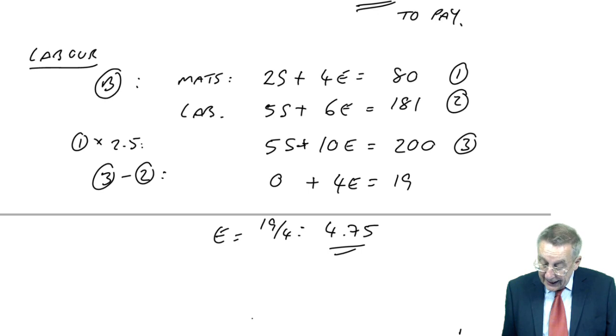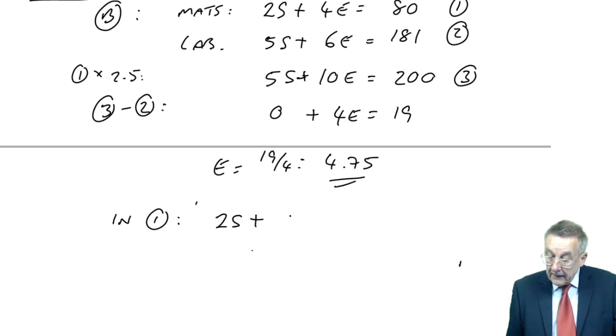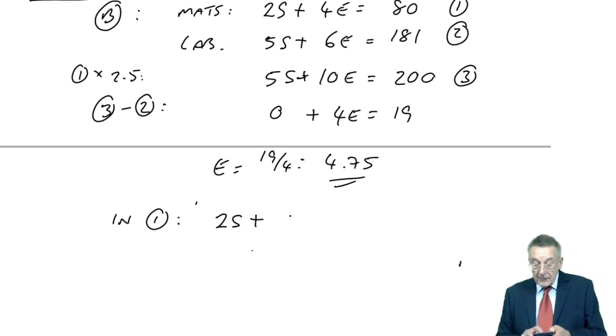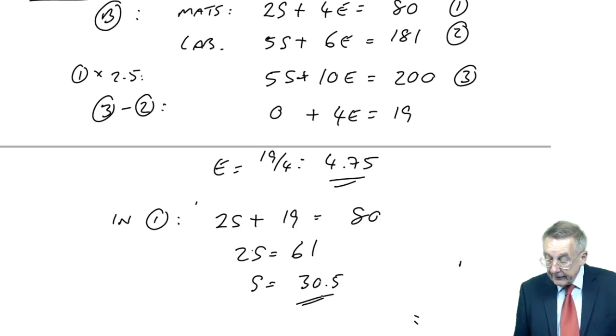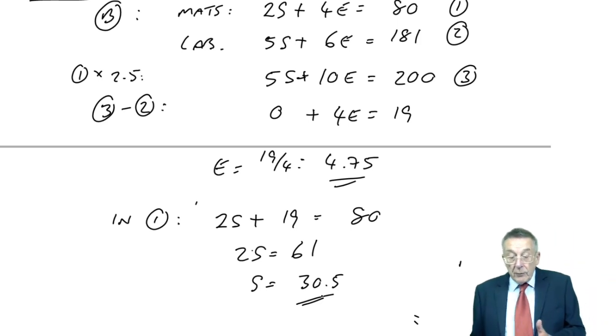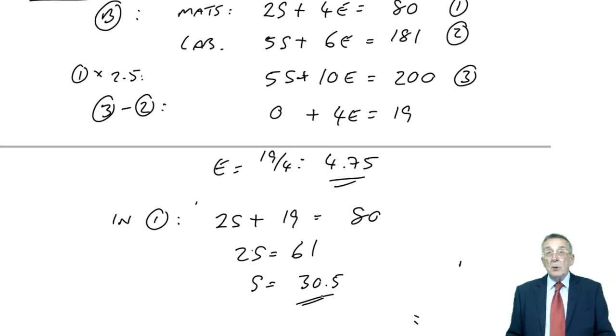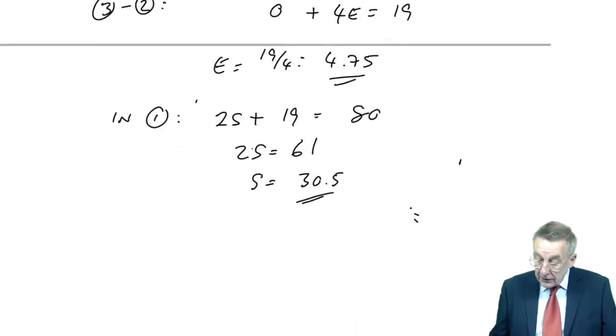And we can now substitute to get S. If I put it in the first equation, 2S plus 4E, so 4 times 4.75 is 19, is 80. 2S, therefore, is 80 minus 19, is 61. S is 30.5. And so, this time, if we have more labour, we're able to make slightly more S and slightly less E. What would happen to the total contribution?